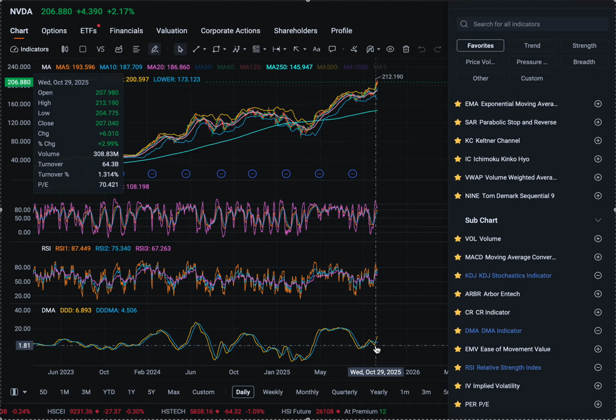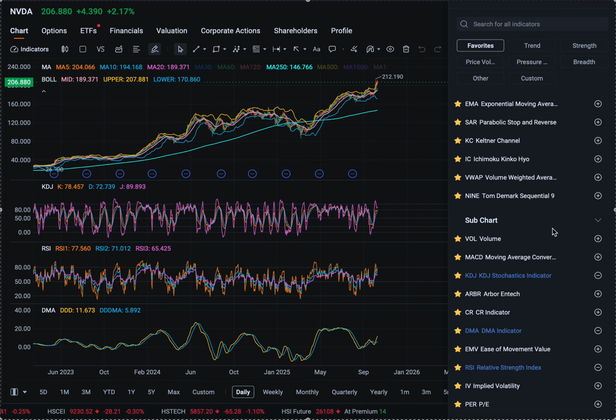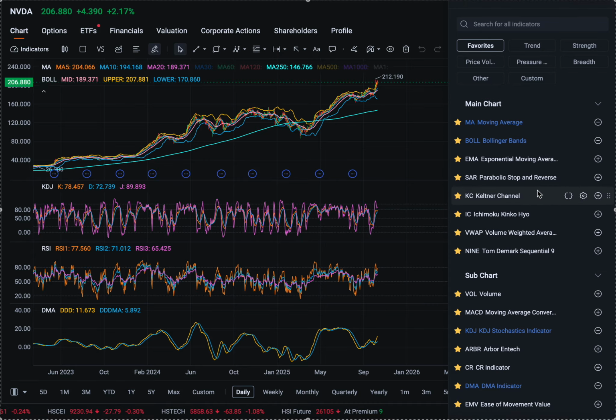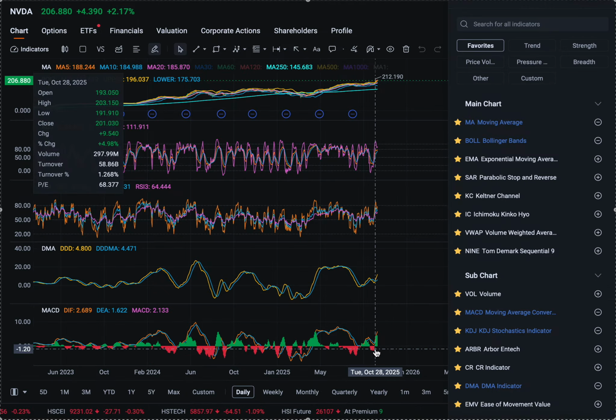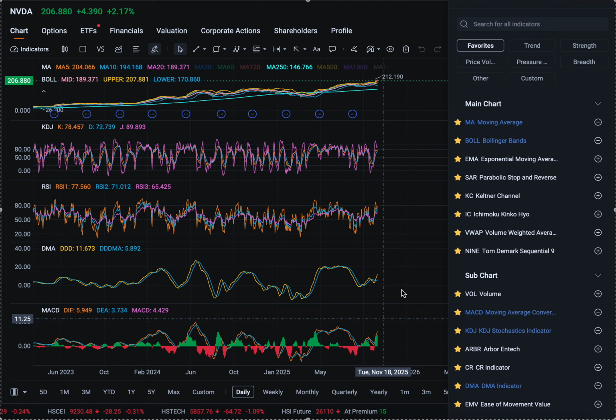Let's also add another one for the sake of clarification: MACD. We see that the bullish trend is also crossing over the bearish trend, which signals a bullish trend.